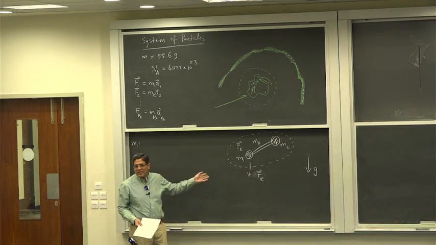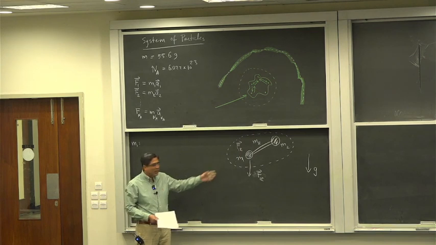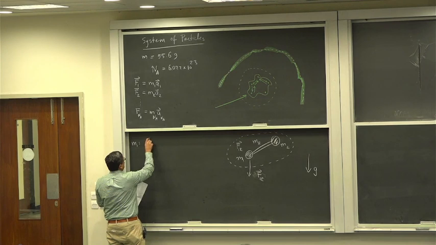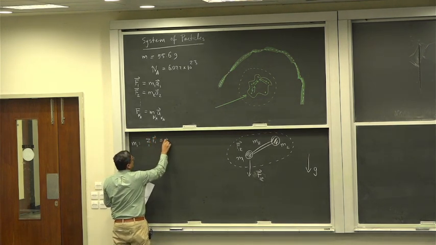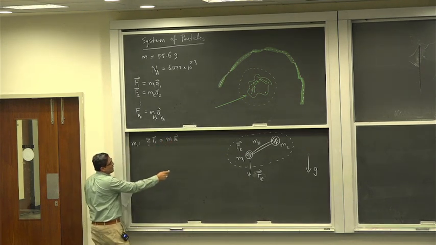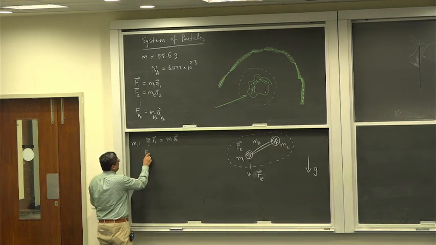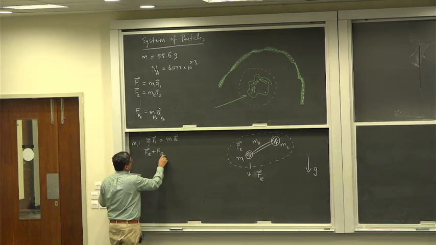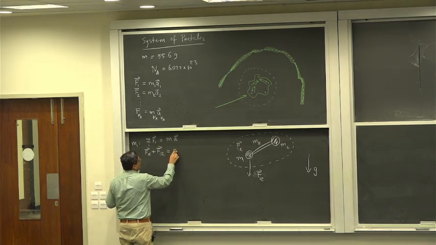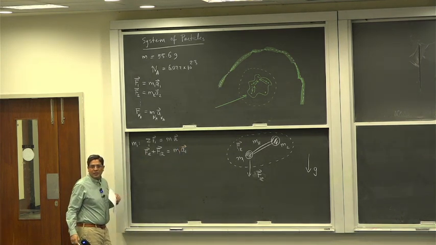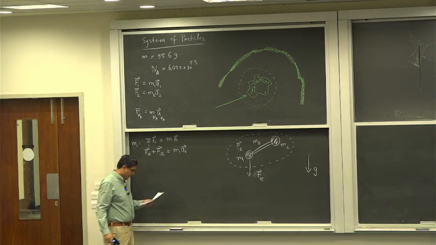Now I can write Newton's second law for this point particle, remembering the original definition of Newton's second law: sum of all forces is equal to mass times acceleration. So sum of all forces means F1e plus F1r is equal to m1 times a1.